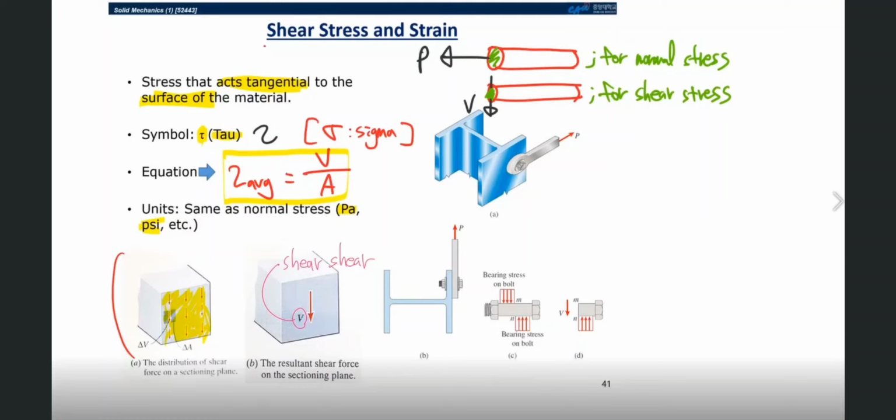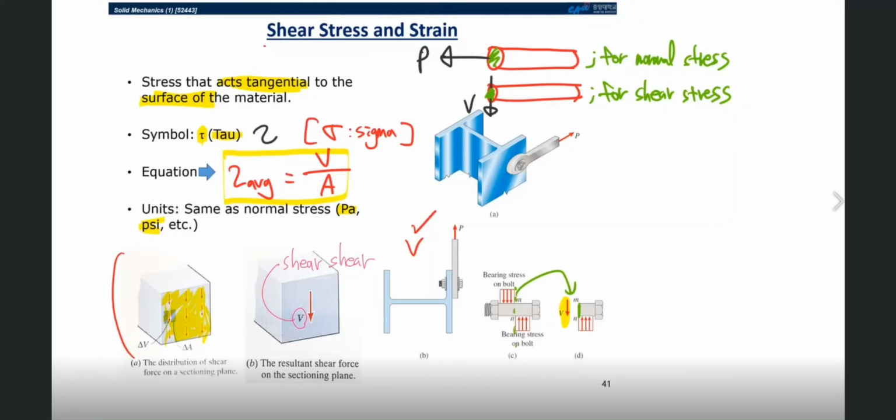Okay, so this is the difference between normal stress and shear stress. And here, as a practical example, we can use this specific bolted connection. As this figure shows, there is a shear force V acting on a cross-section area, right? So we can cut, then we can obtain this cross-section area of the bolt.